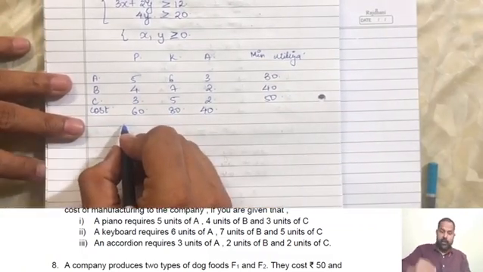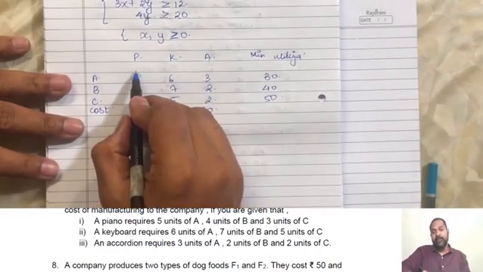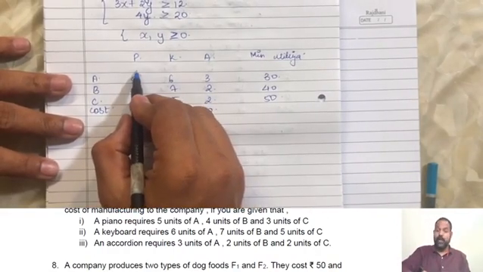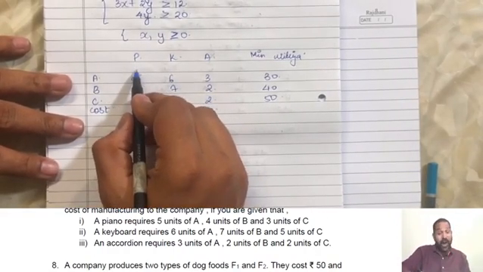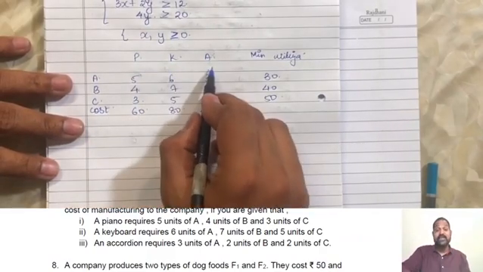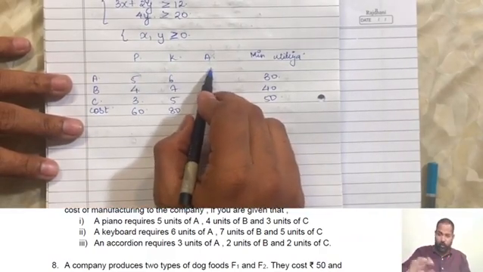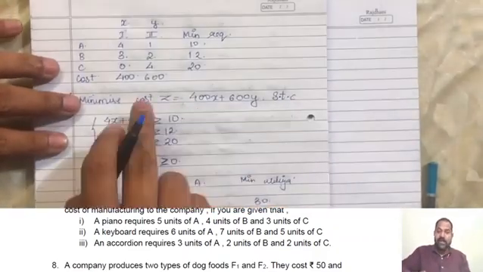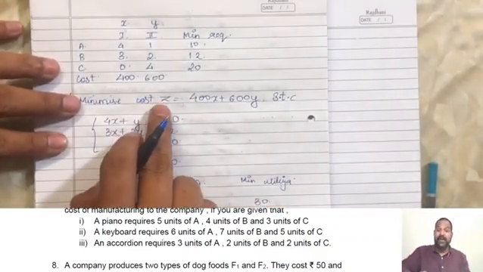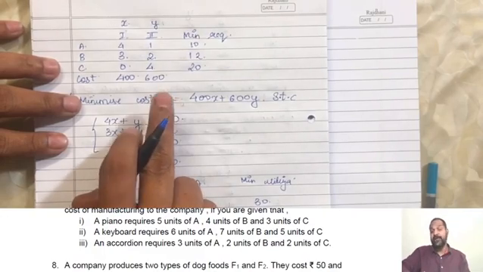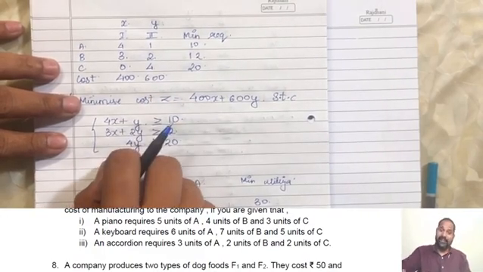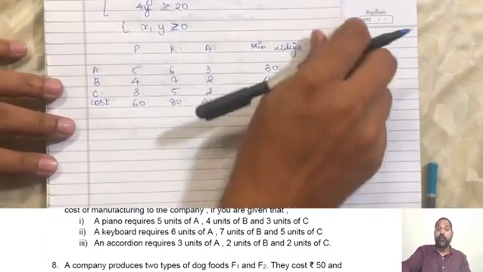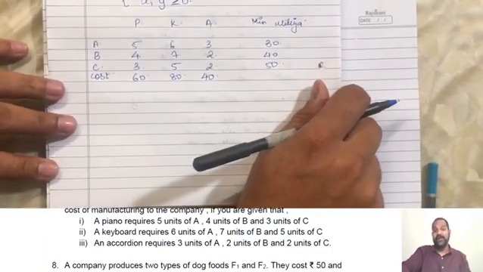Now, when I say that let the manufacturer produce X units of piano, Y units of keyboards and Z units of accordion, it's okay. But the problem is, the letter Z is standard dedicated to the objective function. And that is why we refrain from using Z in our assumption.